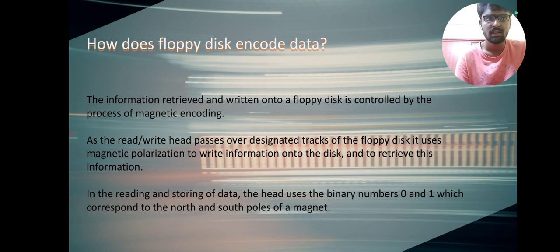As the read or write head passes over designated tracks of the floppy disk, it uses magnetic polarization to write information onto the disk and to retrieve this information. In reading and storing data, the head uses the binary numbers zeros and ones, which correspond to the north and south poles of a magnet.